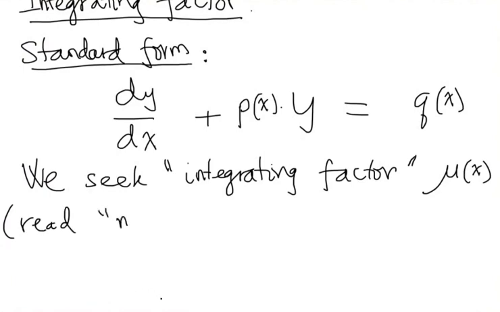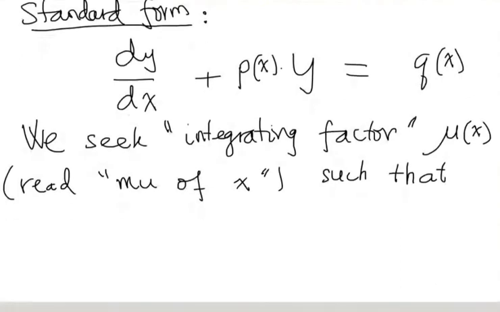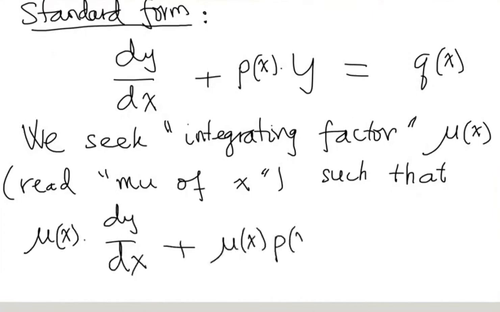You read it as mu of x, such that, so we don't know what mu of x looks like, but what we want is that if we multiply the equation through by mu of x, then the left hand side becomes the derivative of a product. So if we multiply the equation by mu of x, then we have mu of x dy dx plus mu of x times p of x times y, and mu of x q of x on the right hand side.